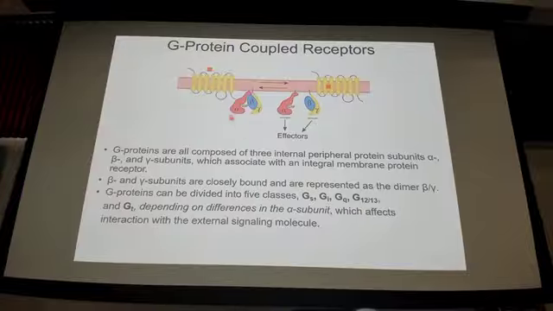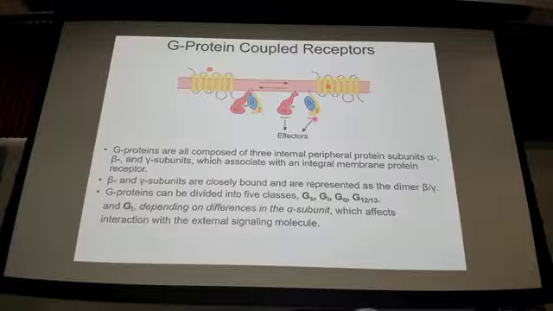So here is transmembrane G protein coupled receptors, GPCR. So these receptors have three internal subunits, alpha, beta, gamma. What happens when a ligand binds to the outside or the extracellular portion, that causes the alpha and beta gamma subunits to separate.